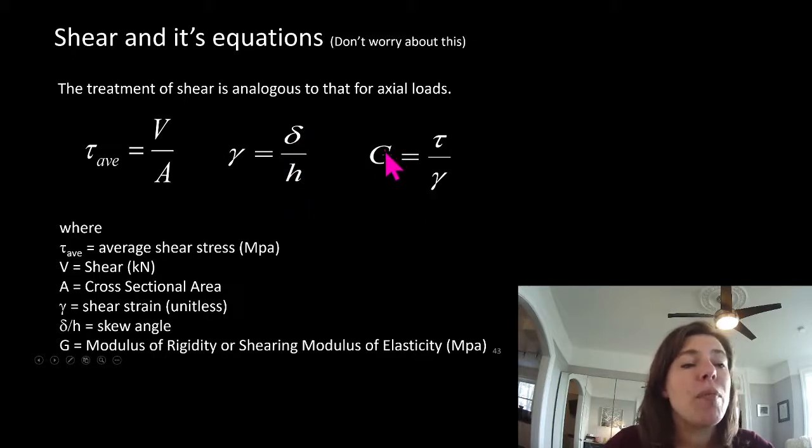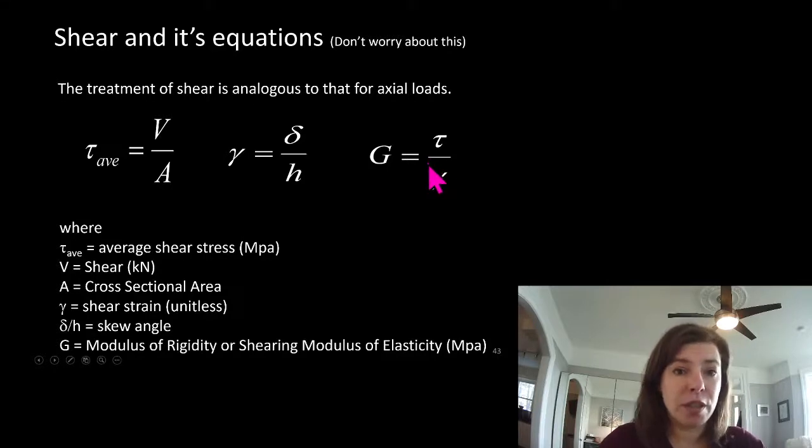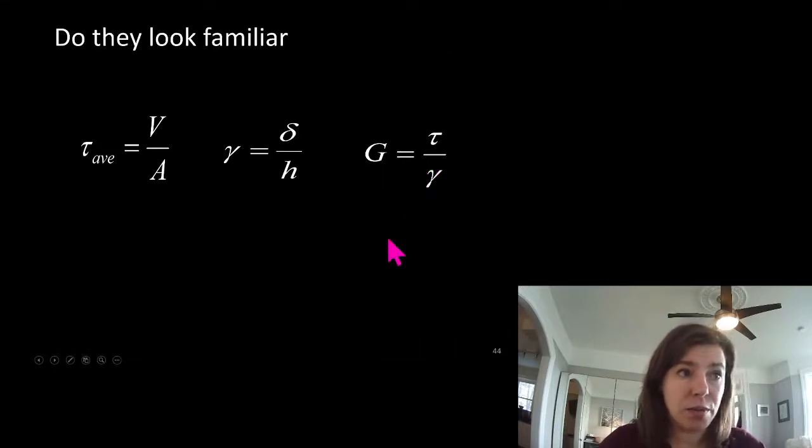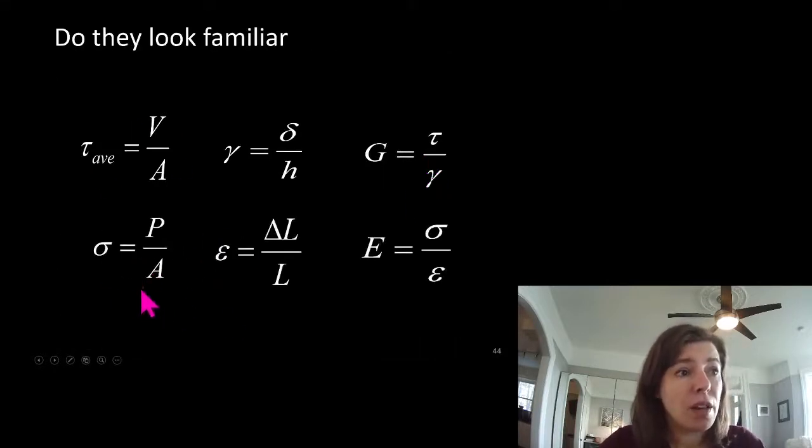And G, or the modulus of rigidity, or shearing modulus of elasticity, is our shear stress divided by our shear strain. That sounds very similar to our axial loads. Our stresses are similar, our strains are similar, and the modulus we talk about is similar.